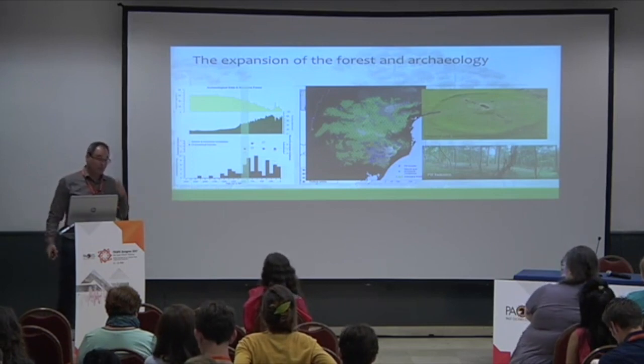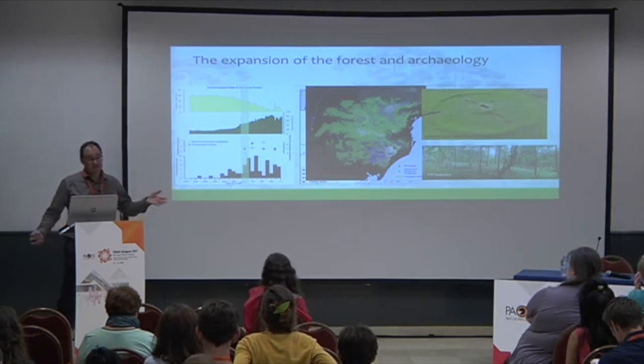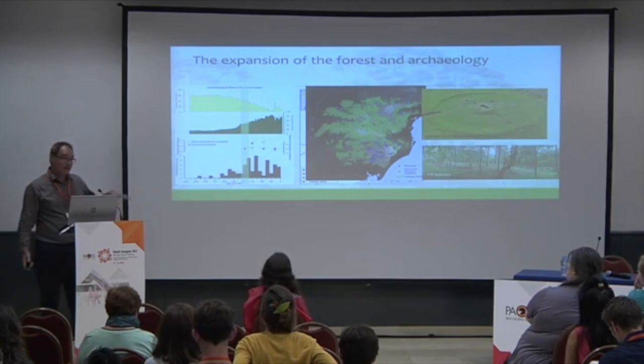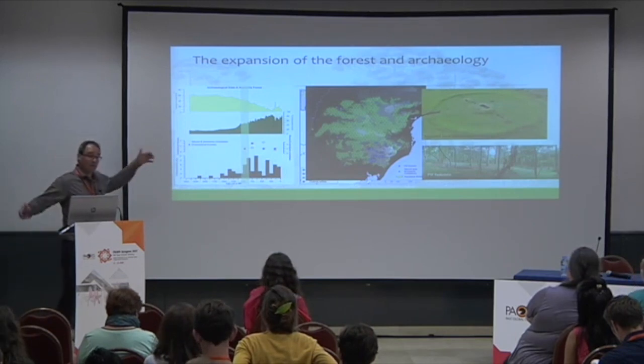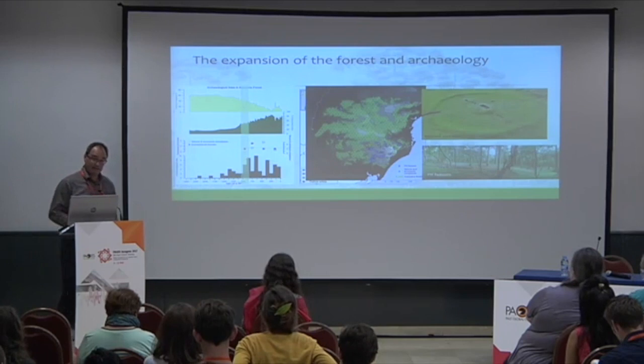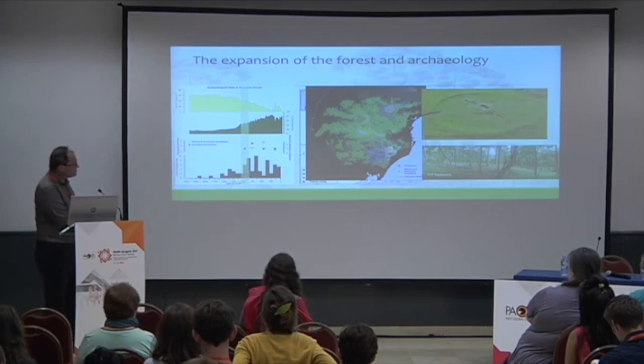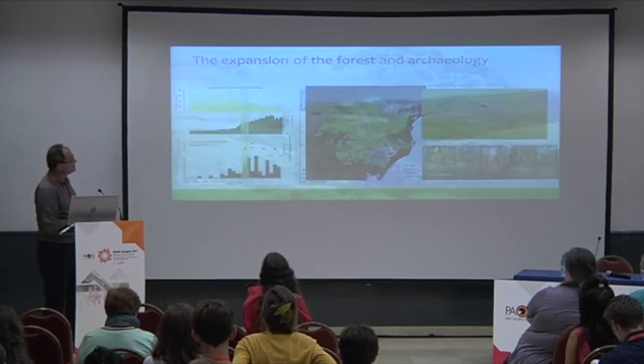Most of these subterranean habitation sites are about 10 meters wide and up to 2 meters in depth. At this time we see large communal houses that can be more than 20 meters wide and up to 5 meters in depth, coinciding with the expansion of Araucaria forest.